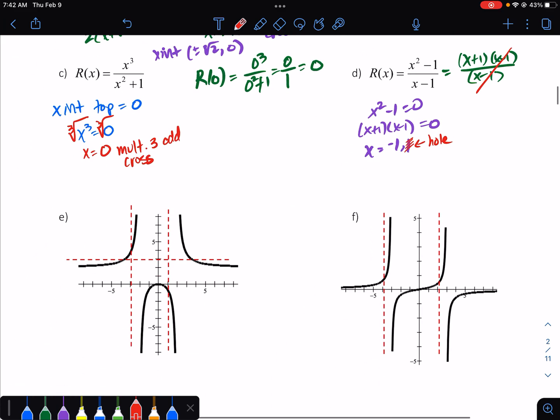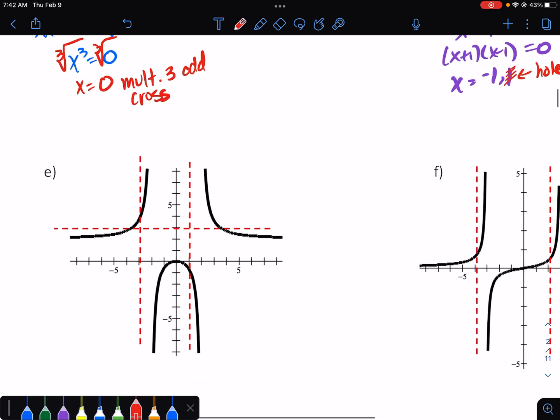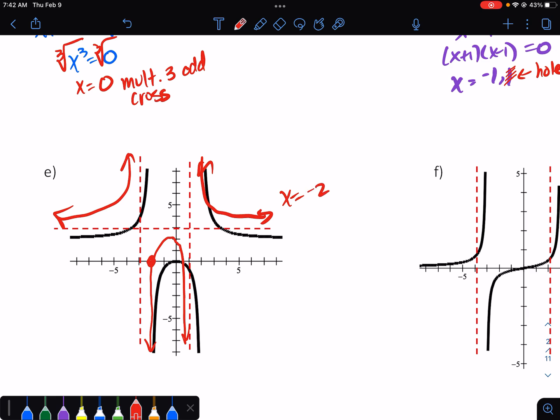Okay. Now, if we look at these, again, our graphs are a little off, which is a bummer. Yeah, that's good enough. So if we look at our x-intercepts from here, we're at negative 2. And I'm going to call that a half.